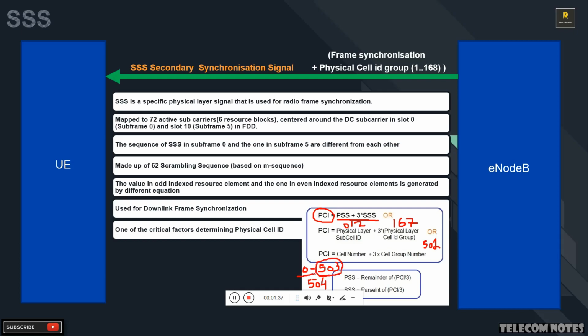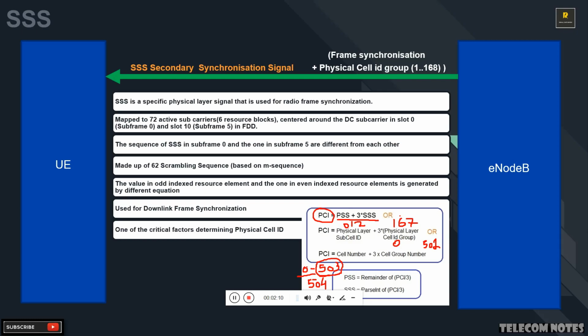How will I get PCI 0 now? If for the physical layer cell ID group I put the minimum value, that is 0, 3 multiplied by 0 is 0, so I'll get the PCI 0. It is having alpha 0, beta 1 and gamma 2.